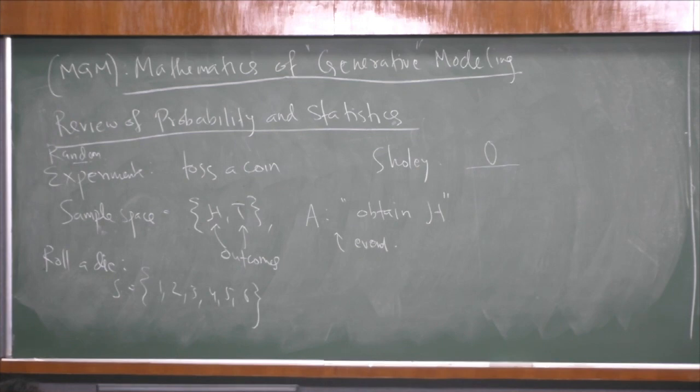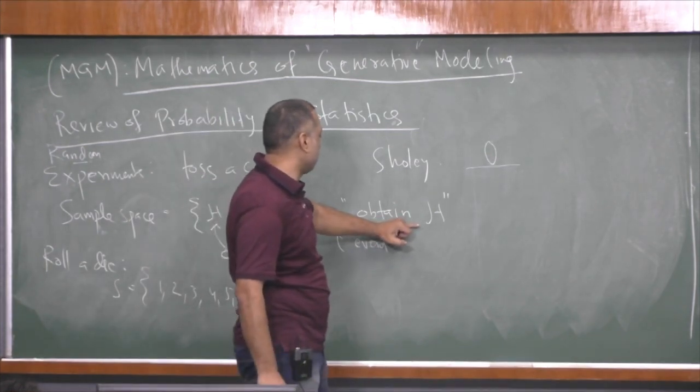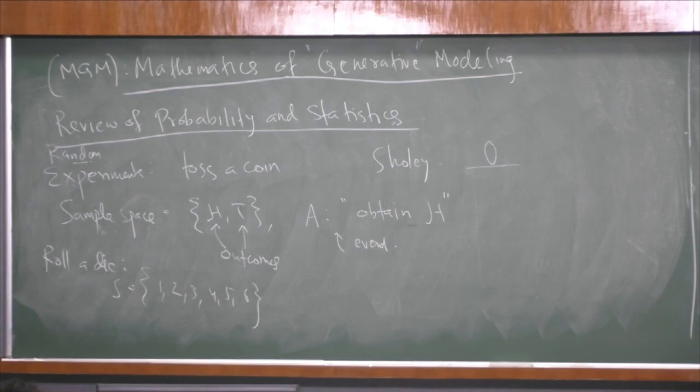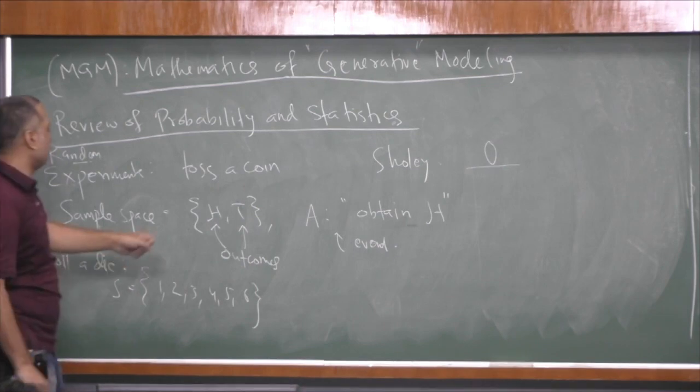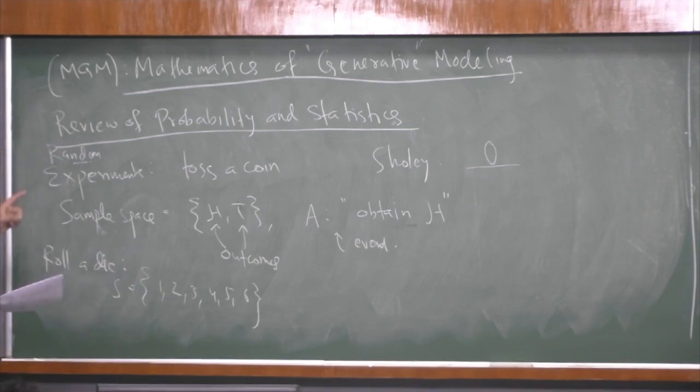If I use a frequentist approach, then obviously we know it's 1 over 2, because in my event the number of elements is 1. Obtaining a head is one possibility, and the total number of possibilities is 2, so 1 by 2. That's how we assign probability.